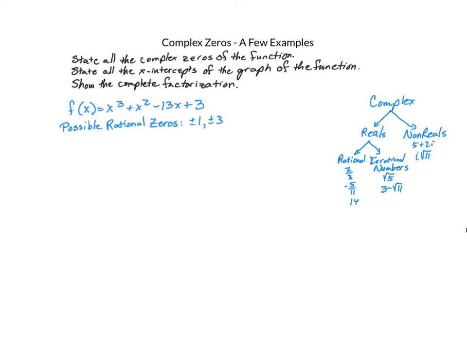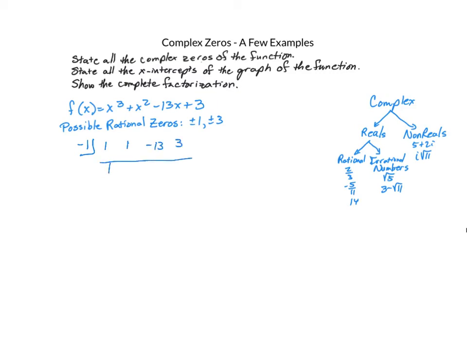With direct substitution, I hope you can see that 1 is not a zero. 1 plus 1 minus 13 plus 3 doesn't equal 0. I don't really care what it is because it's not 0. Similarly, you could tell that with -1, but let me just do the synthetic division in case you have a hard time seeing that. So I'll do the synthetic division with -1. 1, 1, -13, 3.